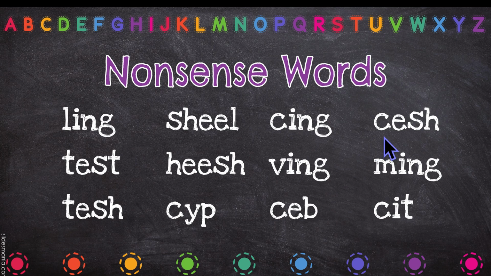Once again, on this page, we are practicing with nonsense words. So if you don't recognize these, that's fine because they are made up. We have the letter C. Let's use our rule. Is it an E, I, or a Y? It is. So we are going to use the second sound. S, sh, sesh. T, est, test.